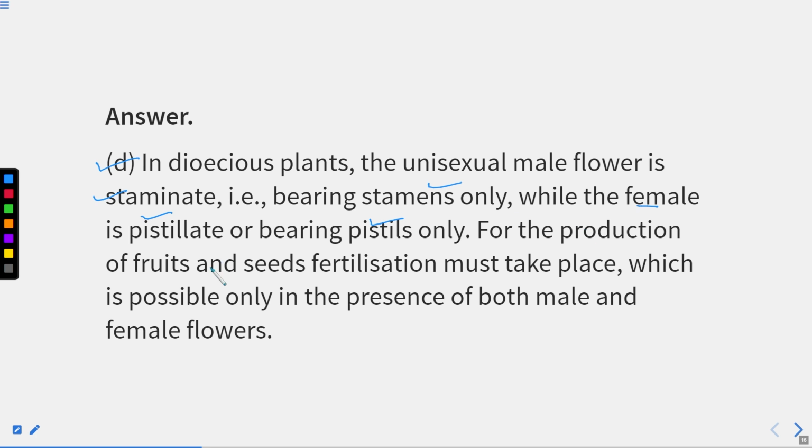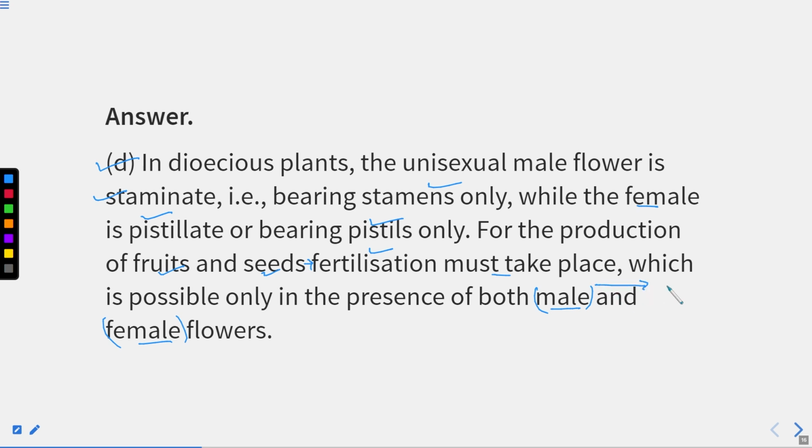Now, for the production of fruits and the seeds, I've already told you, fertilization is necessary. Fertilization must take place, which is possible only in the presence of both male and female flowers. Because male flower, what will it produce?